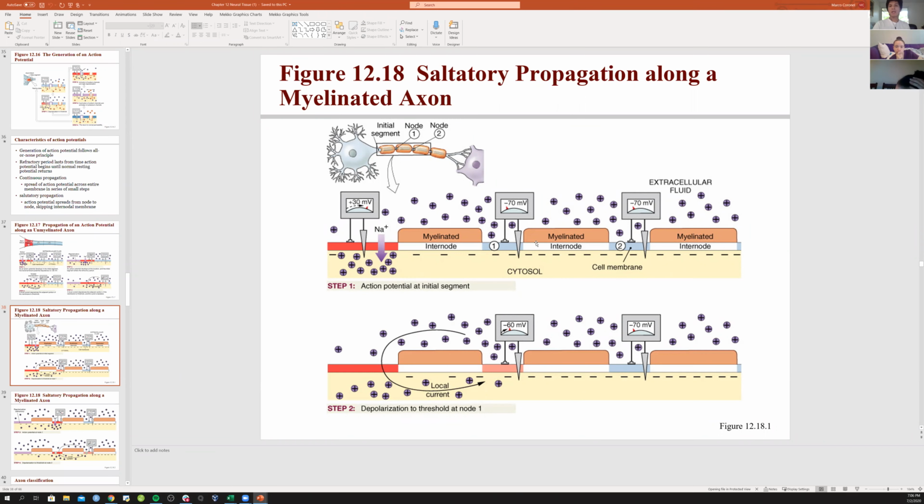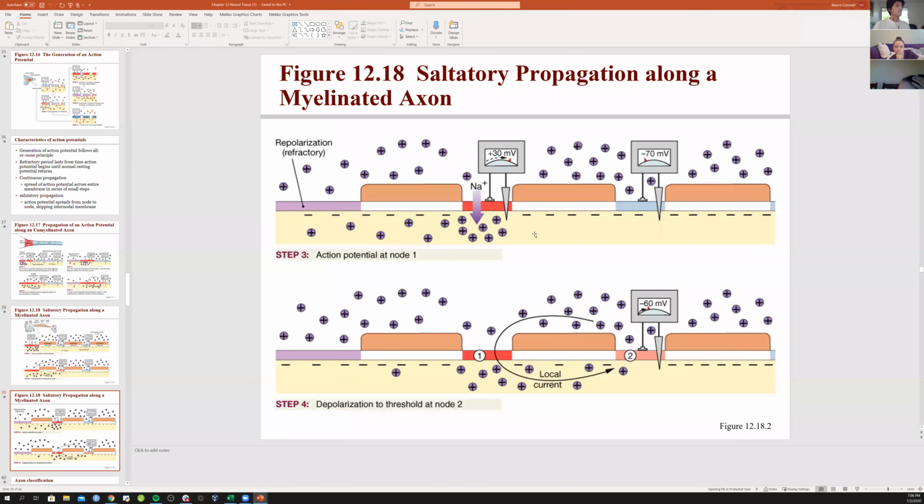Depolarization goes from negative 70 to negative 60, reaching threshold for an action potential, opening sodium channels that depolarize the cell to positive 30, and then this opens potassium channels that send the cell back to its negative 90 millivolts, and eventually the sodium-potassium pump returns it to resting membrane potential, and this current changes and activates the channels next to it.